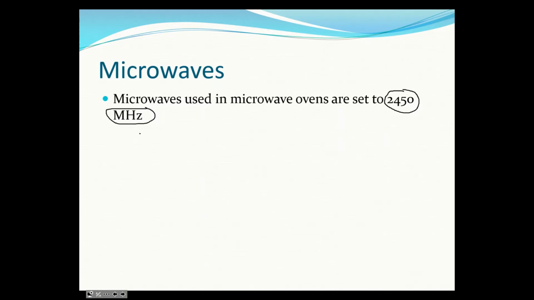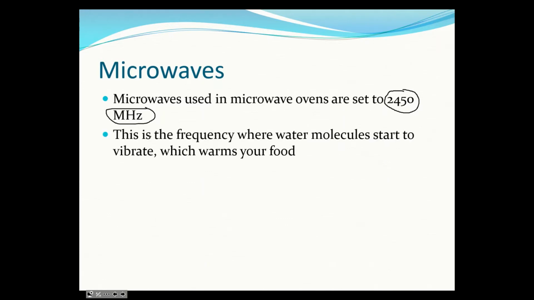The reason that microwaves use this frequency is because this is a frequency where water molecules will start to vibrate, right? Anything less or anything more than that won't get water molecules to vibrate, but this is the resonant frequency of water, and it causes it to start to vibrate. Kind of like if you lick your finger and circle it around a wine glass, it starts to hum. It's the same sort of idea with that resonant frequency.